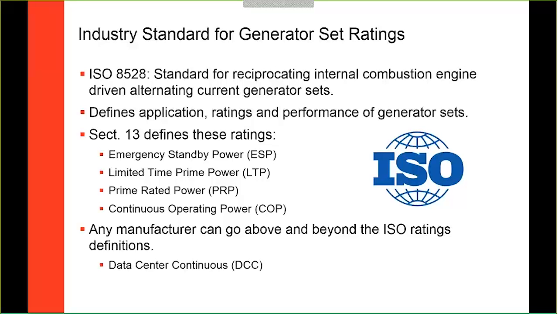So over the next few slides, we're going to go a little bit further in depth on what those individual ratings mean and how it's best to apply those. Lastly, kind of before we wrap up the rating conversation, we're going to talk about those ratings adopted by the industry and adopted by different generator set manufacturers that are intended to target a specific market, customer base, or segment.